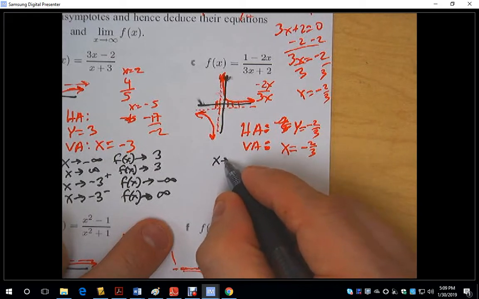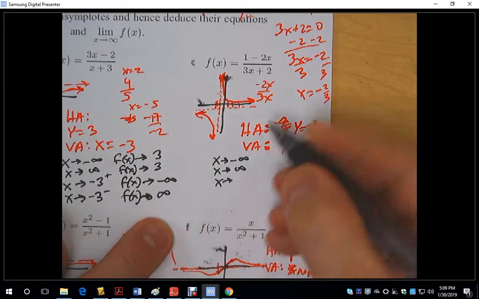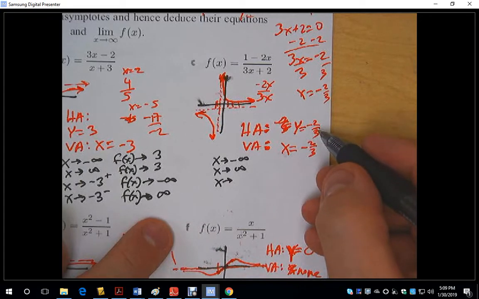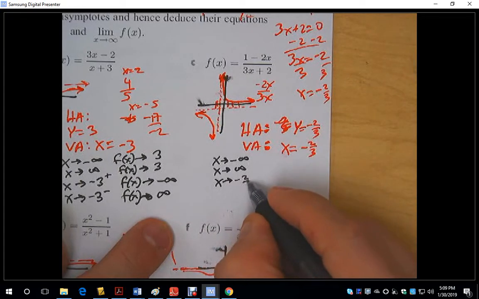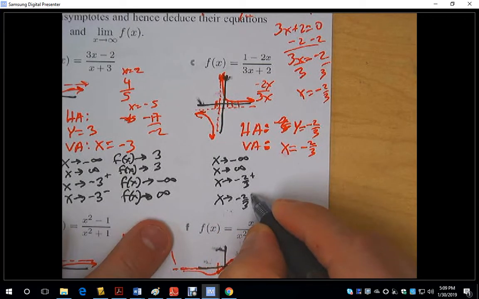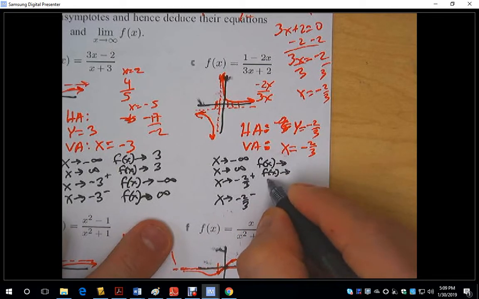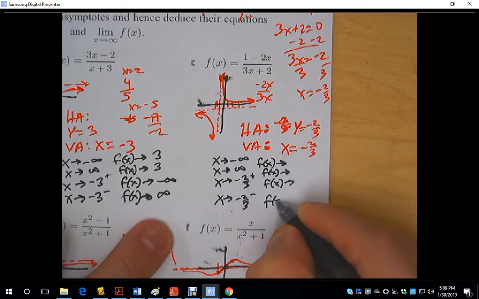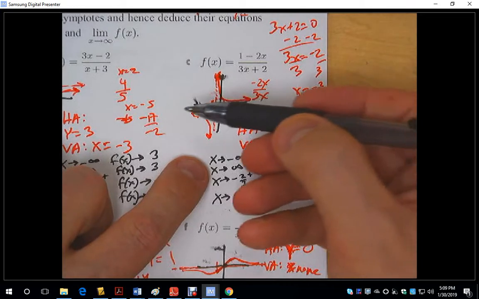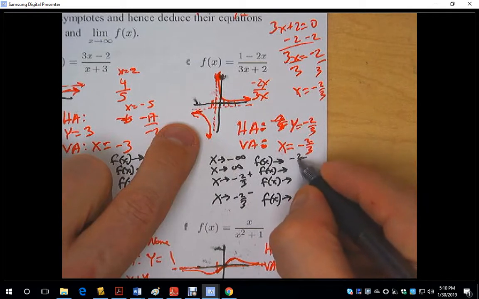So when x approaches negative infinity, when x approaches infinity, and when x approaches my vertical asymptote, which was negative 2/3, from the right-hand side or the left-hand side, what does my y value do? When x approaches negative infinity, my graph approaches the horizontal asymptote of negative 2/3.